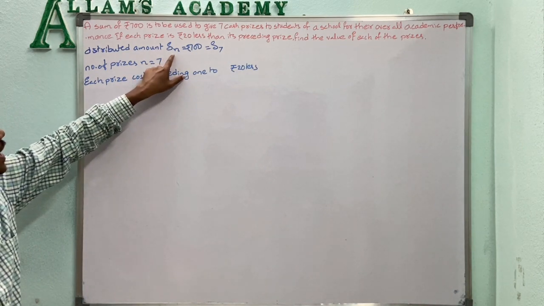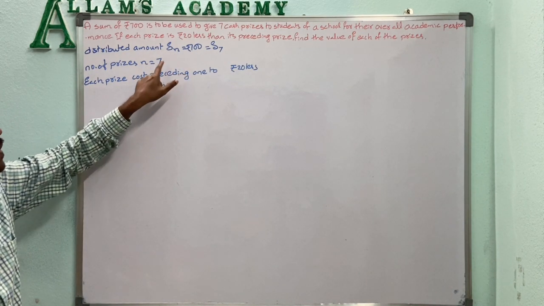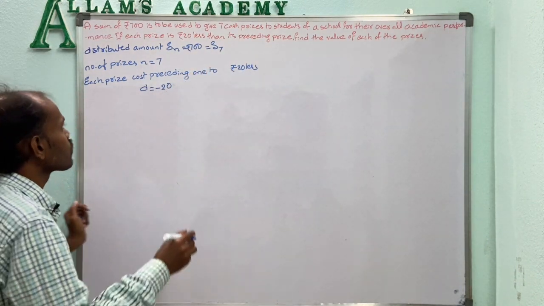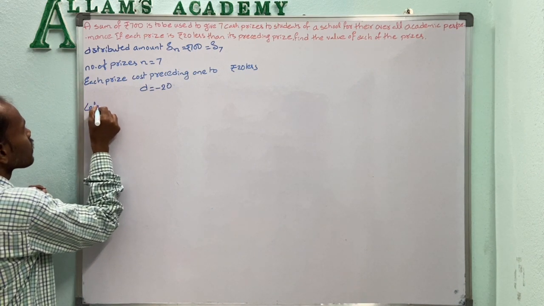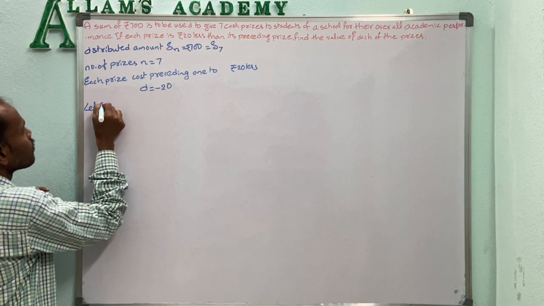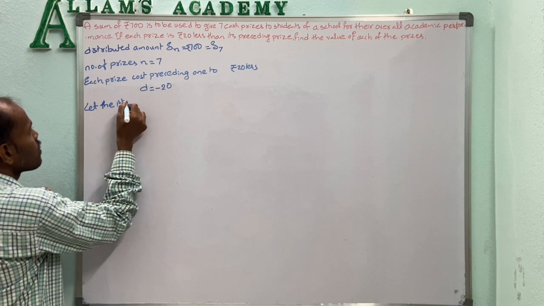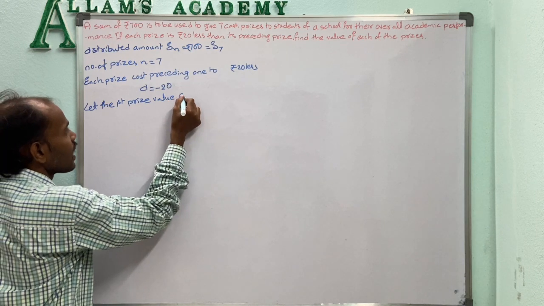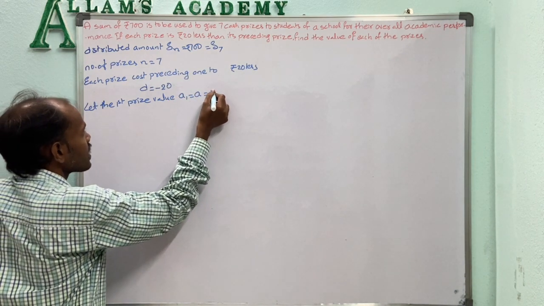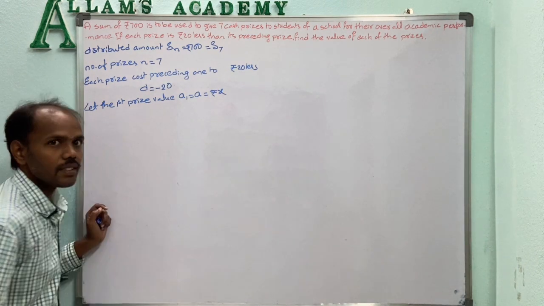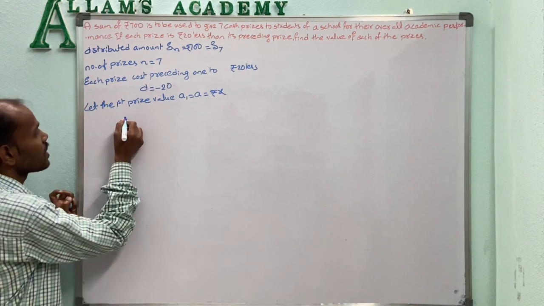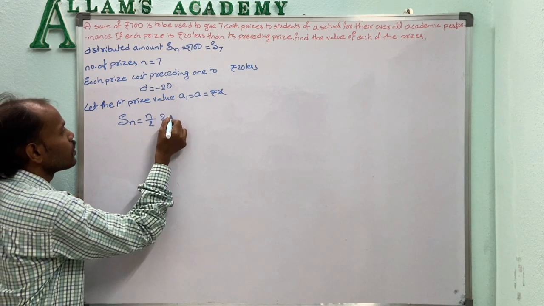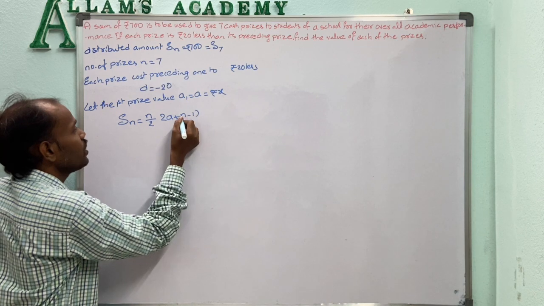So now here we know the S7 value and d value, and the first prize value we don't know. So let the first prize value, that is a1 equal to a, be taken as rupees x. Now the sum of the n terms Sn is equal to, we know, n by 2 into (2a plus (n minus 1) into d).